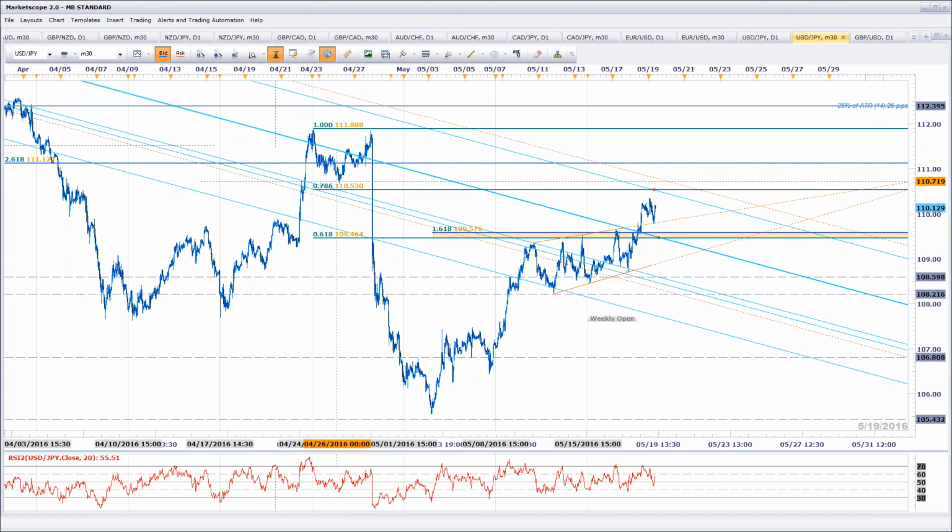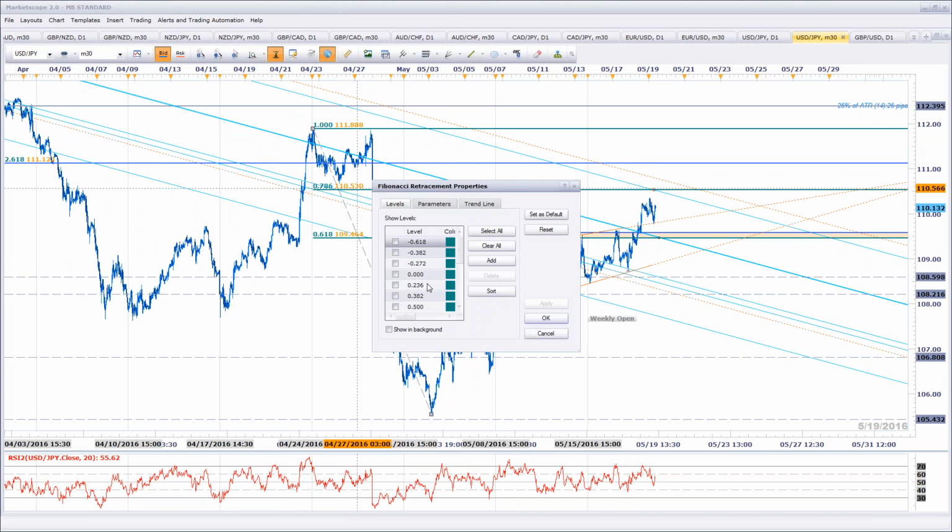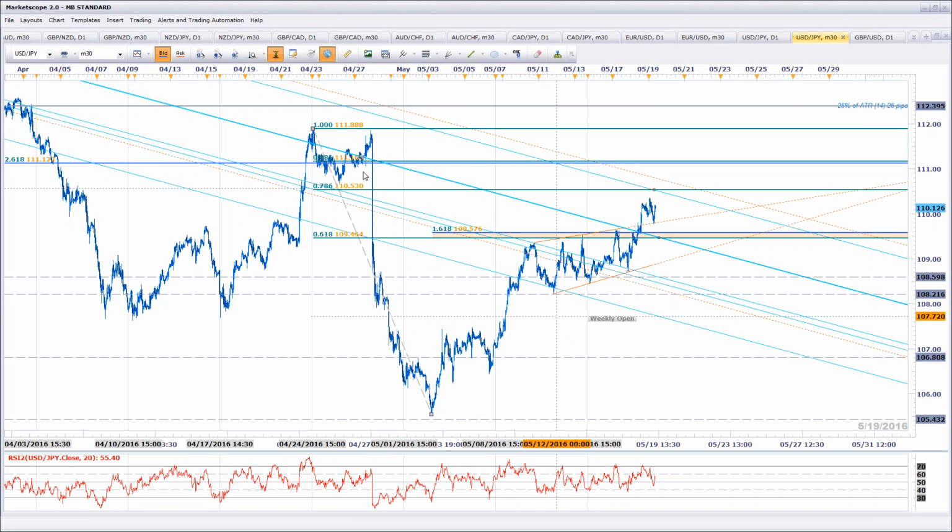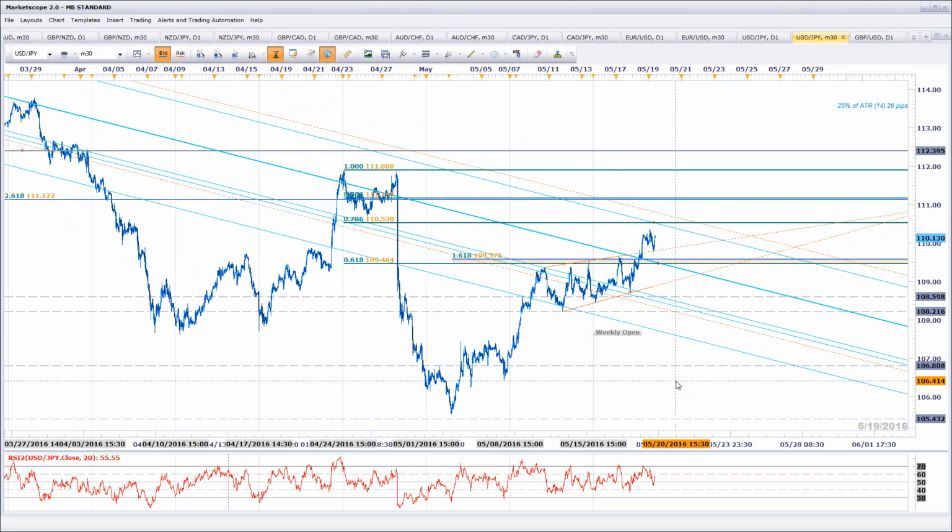And this is a longer day at 2618. I don't want to stress it because that same level also ends up being the 88.6. So just keep that in mind.